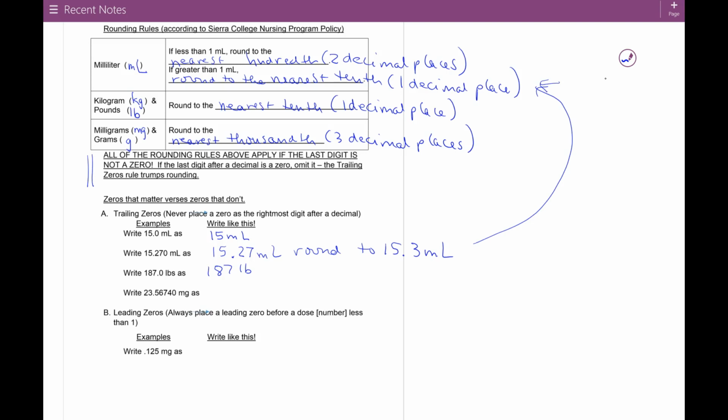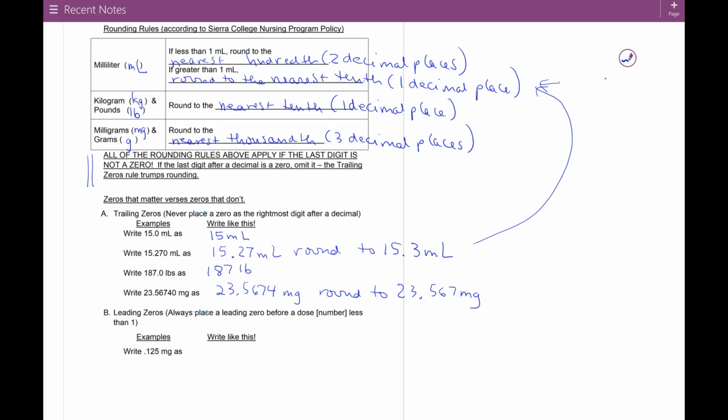There's no decimal and no trailing 0. And then if we have 23.56740 milligrams, we would write it as 23.5674 milligrams following the trailing zeros rule. And then we would round to the nearest thousandth, which would be 23.567 milligrams. And that's what you should report.